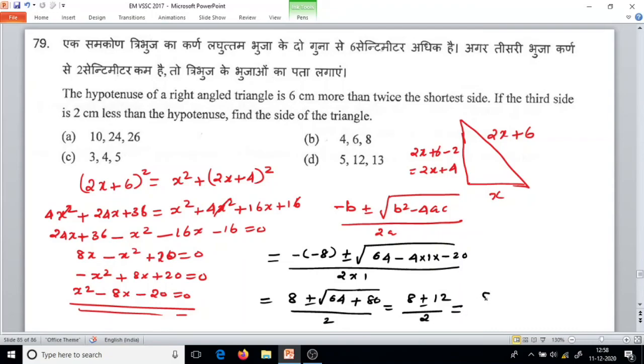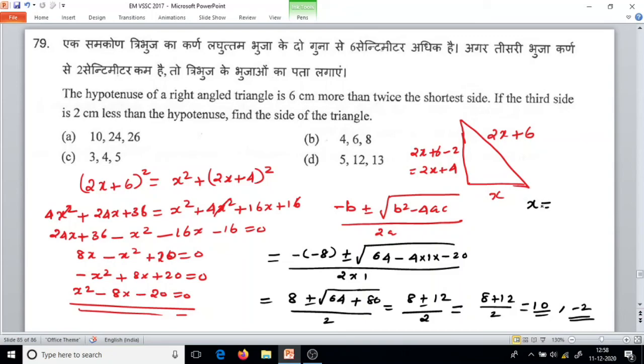Square root of 144 is 12, divided by 2. So 8 plus 12 by 2, that is 20 by 2, we will get 10. The other value is 8 minus 12 by 2, that is minus 4 by 2, minus 2. But actually we will take the positive number only.